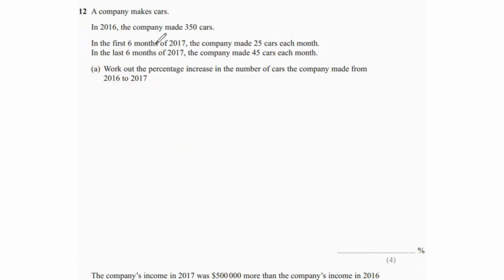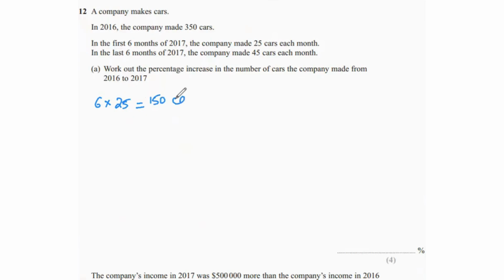So we have the total number of cars that the company made in 2016. But for 2017, they've split it into the first 6 months and the last 6 months. So for the first 6 months, it's going to be 6 times 25, which gives us 150 cars.